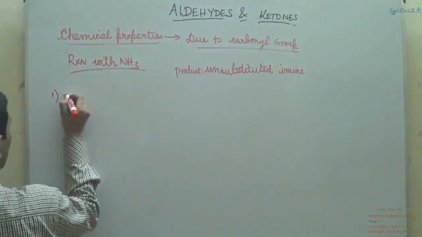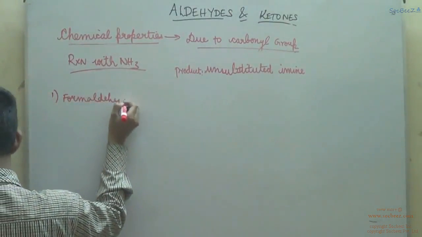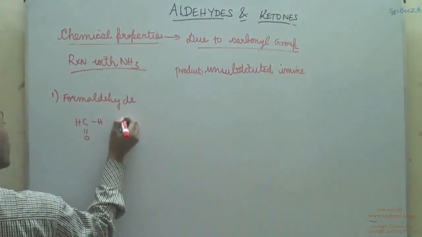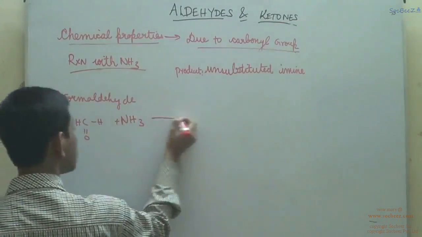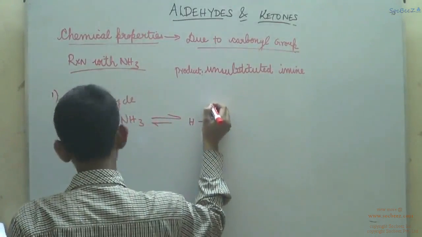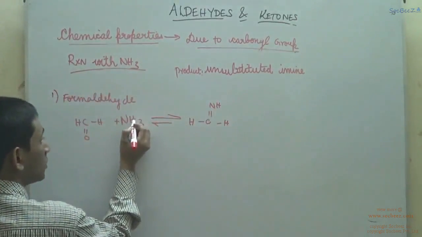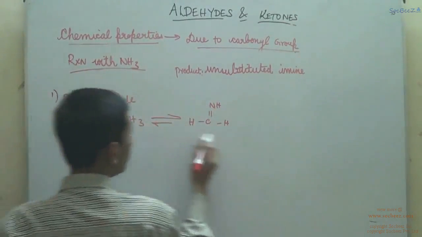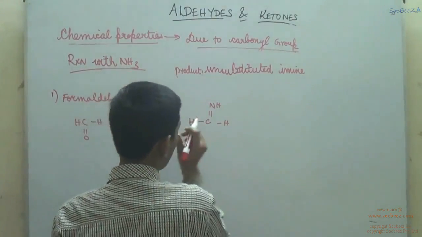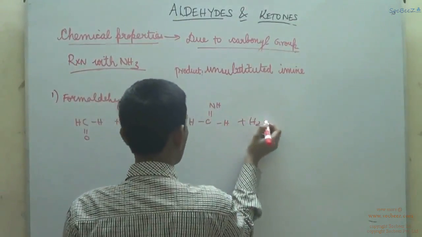So first formaldehyde. Formaldehyde is HC=O with H. If you treat with ammonia, you know the same kind of reaction as with hydrazine, removal of a water molecule. So H2O gets removed and carbon forms a double bond with the nitrogen of the ammonia, plus a water molecule.